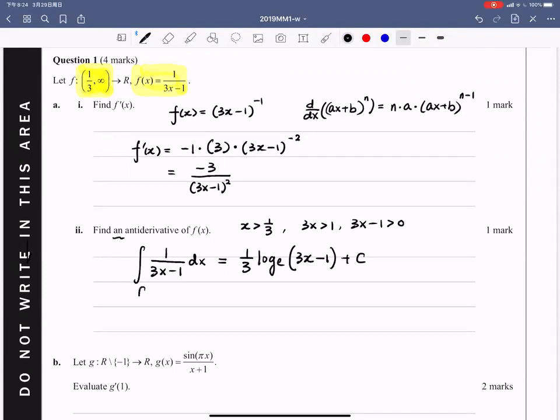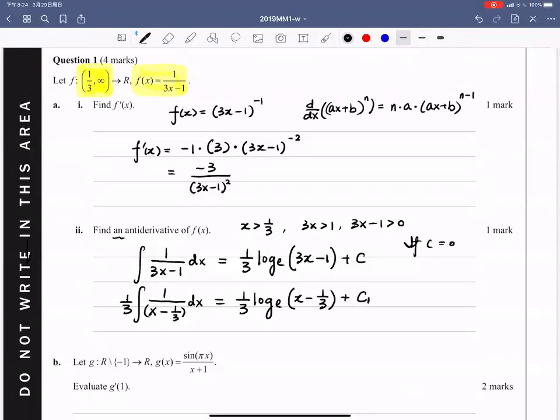Alternatively, if you take out 3 as a common factor, the bottom will be rearranged to something like 1 on x minus 1 on 3. Therefore, your antiderivative could also be written as log e bracket x minus 1 on 3. But this time, you will have another constant, c1.